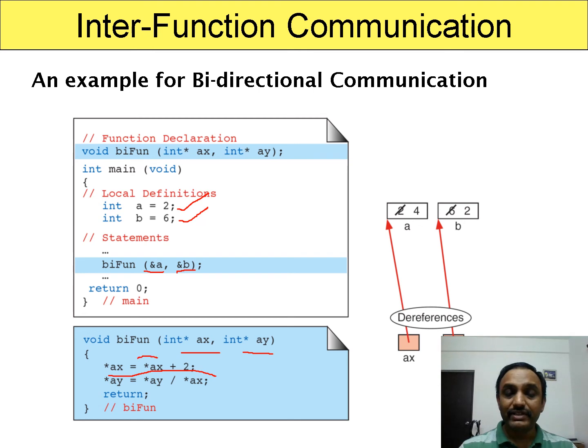So what is there on the right hand side of the assignment? That is the original value. Previously, what is the value you sent from the calling function to the called function? So here it takes 2 and we are adding to that one. So this modified value goes to the left hand side, that one becomes 4. So that modification you can observe here. Like that you can observe bidirectional communication.